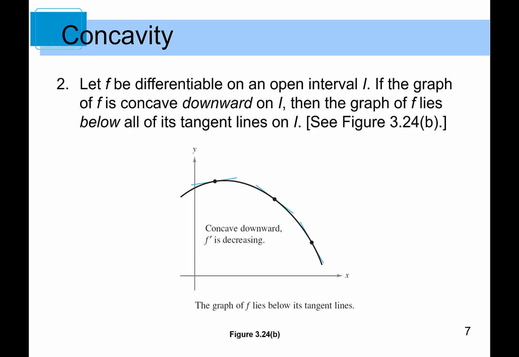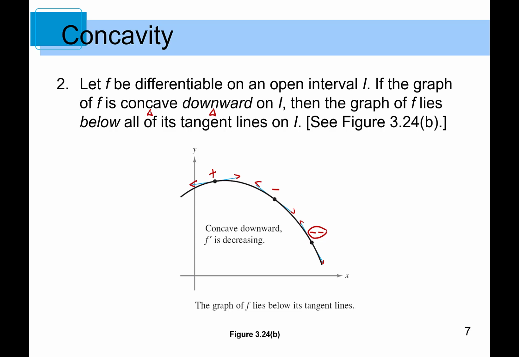Secondly, let f be differentiable on the open interval I. If the graph of f is concave downward on interval I, then the graph of f lies below all of its tangent lines on I. So all these tangent lines are on top of the curve itself. As you can see, the slope goes from positive values to smaller, negative values.